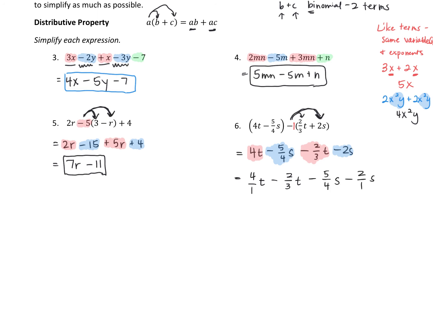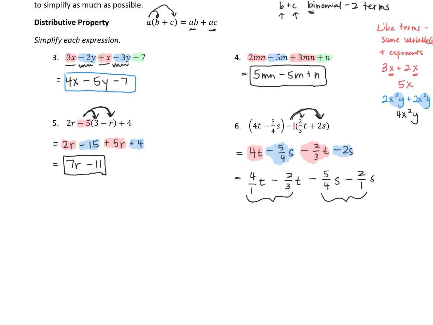So remember, any integer you can put over 1. And then we're going to find common denominators for each part. The t's need a common denominator and the s's need a common denominator. You don't have to have a common denominator among all the fractions because you're not combining them all. Just the t's have to have the same bottom and the s's have to have the same bottom.